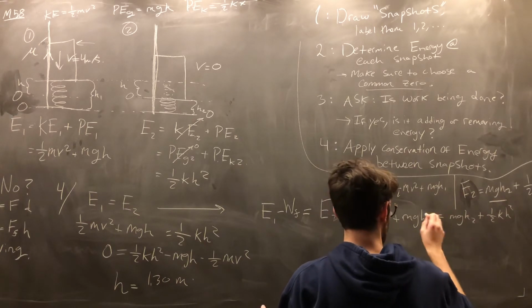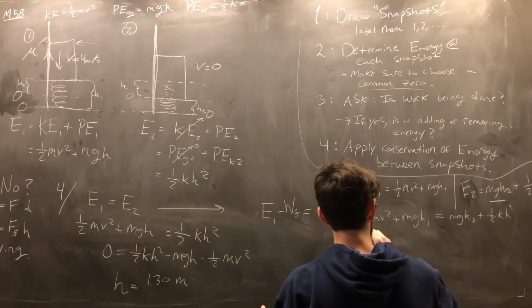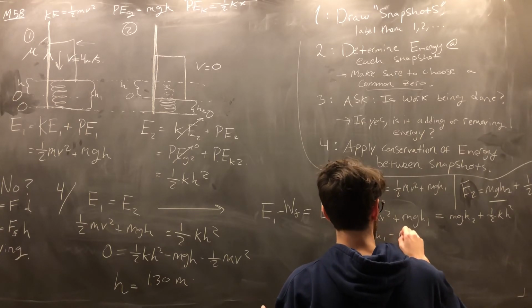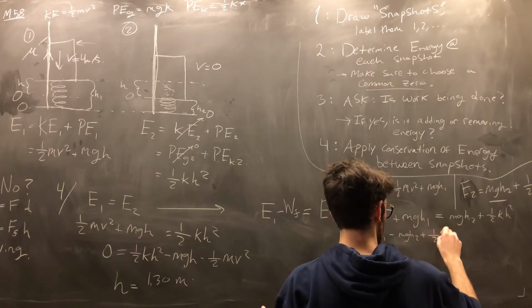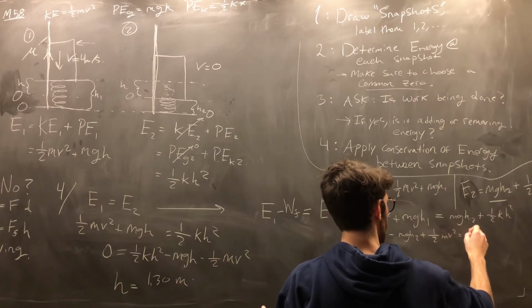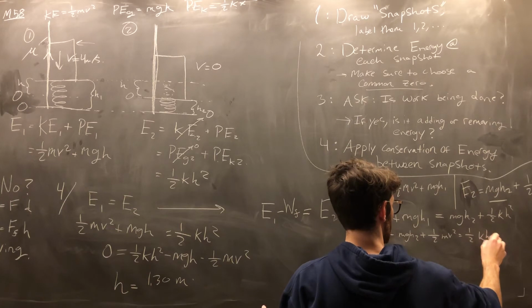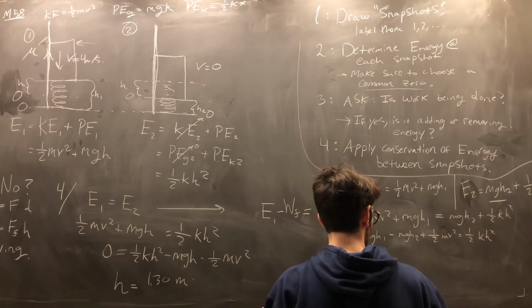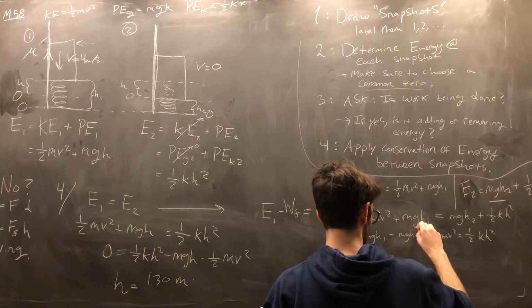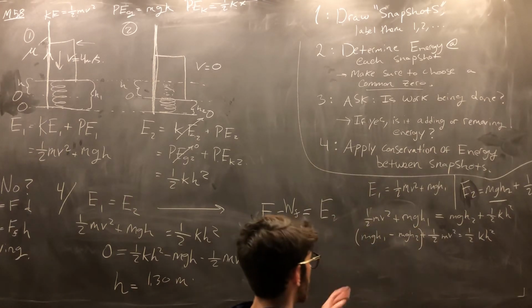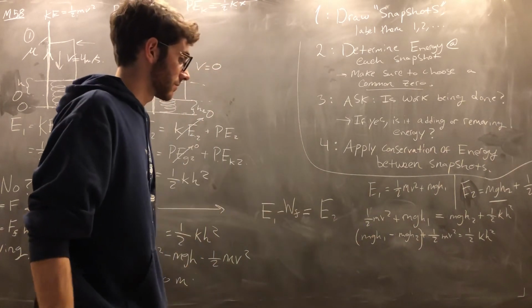And if I rearrange this to bring this term to the other side, I'll have an mgh1 minus mgh2 plus this kinetic piece. And importantly, you notice if we zoom in on what we have here, this is the difference in energy.